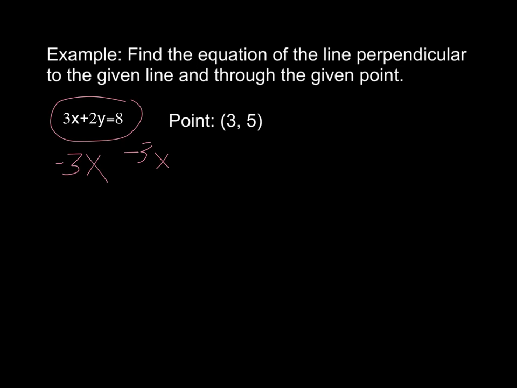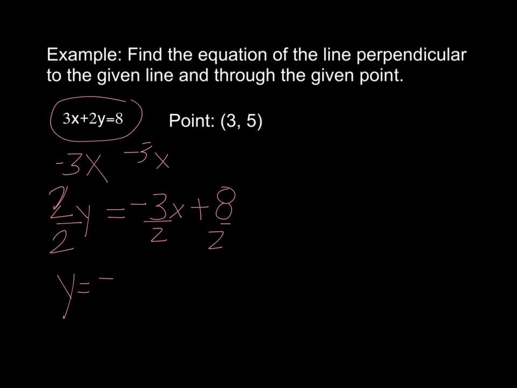And that's going to give me 2y equals minus 3x plus 8. And when I divide through by 2, I'll get y equals minus 3/2 x plus 4.